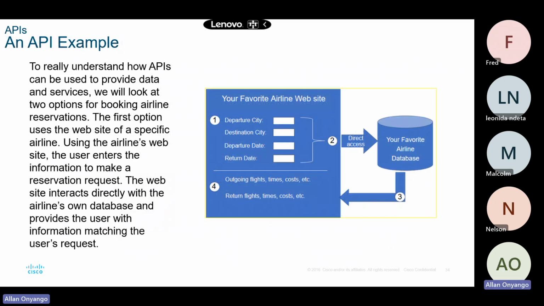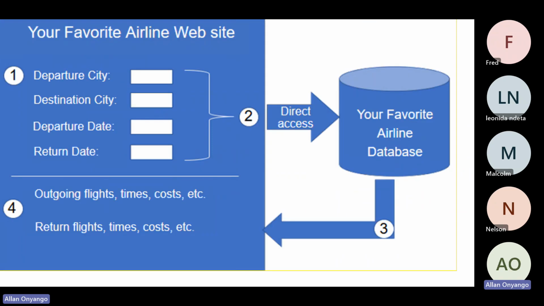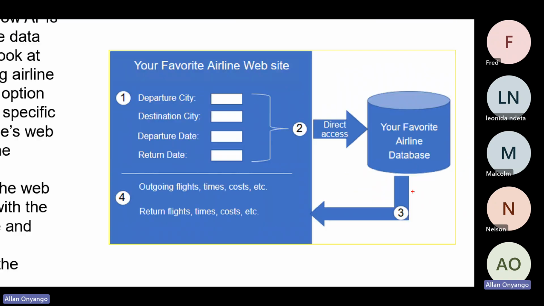I'll give another example. This is you. You want to travel to the UAE, the United Arab Emirates, and you decide to check different flight databases. So you check at Fly Emirates.